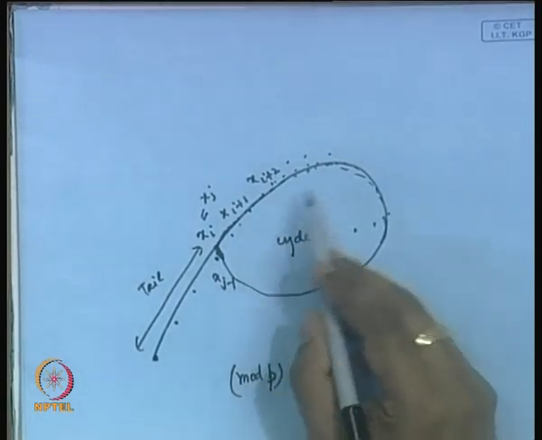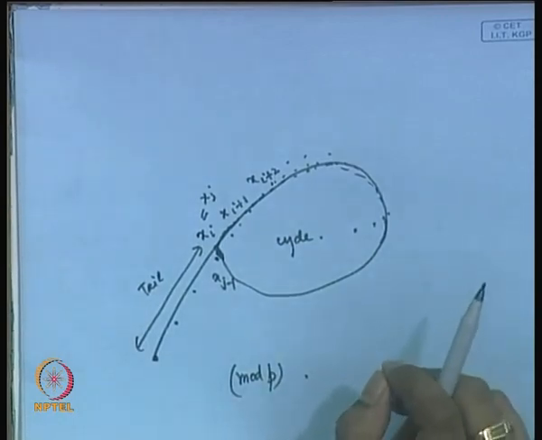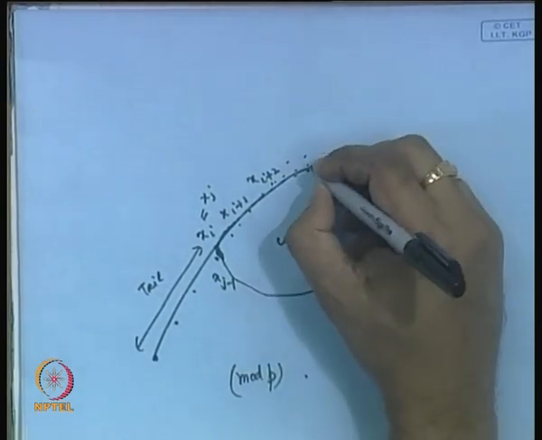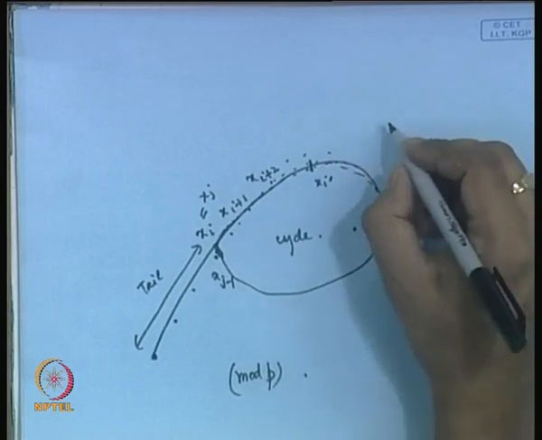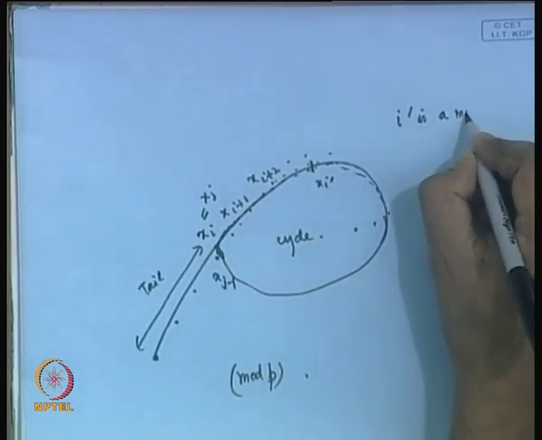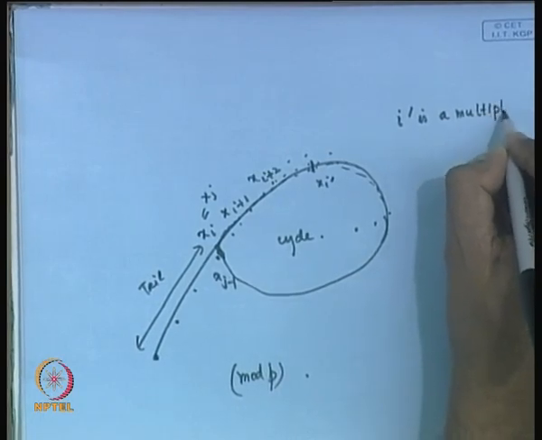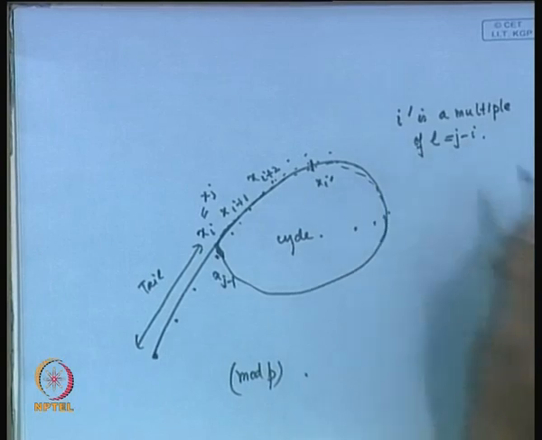Out of L consecutive numbers, you know that there will be one number which will be a multiple of L. So let that number be some xi dash, such that i dash is a multiple of L, where L is equal to j minus i, right.